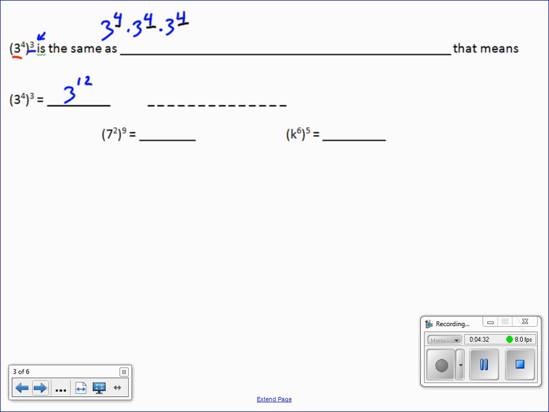We just looked at the last problem: if I'm multiplying numbers with an exponent, same base, I add 4 plus 4 plus 4, which is 12, or 4 times 3 is 12. A little bit quicker. So when we have a number with an exponent and we raise that to a power, we multiply the exponents.